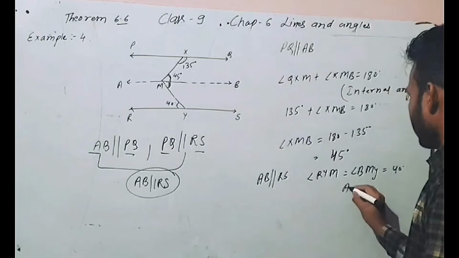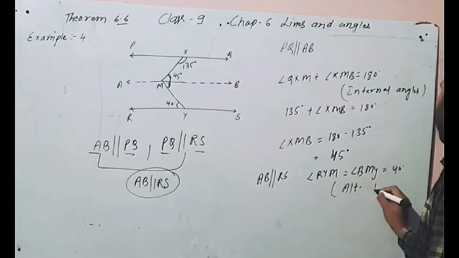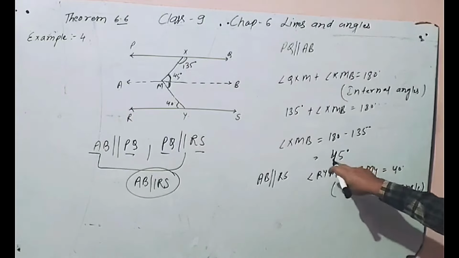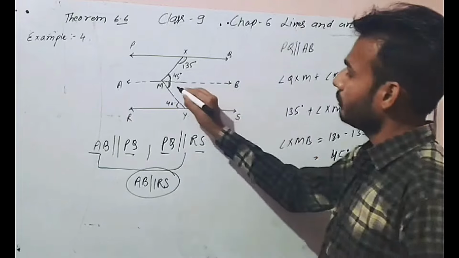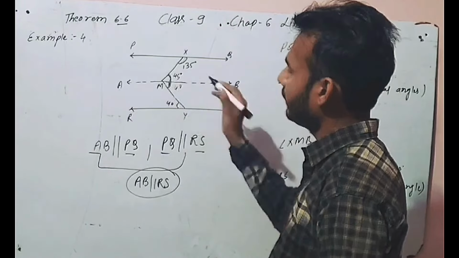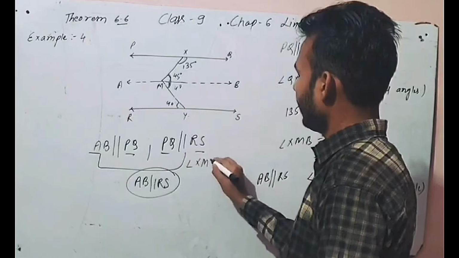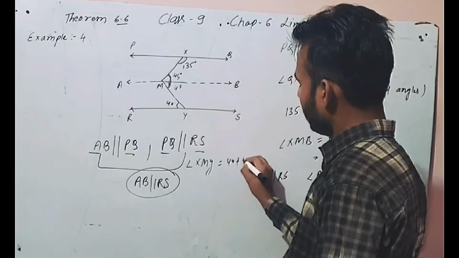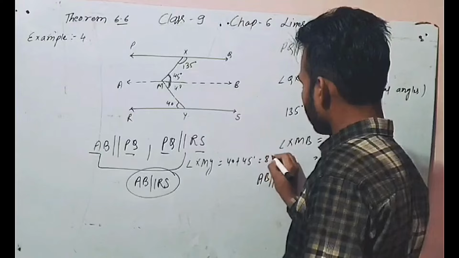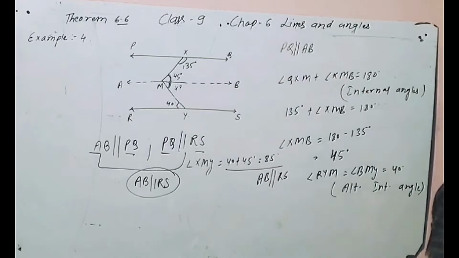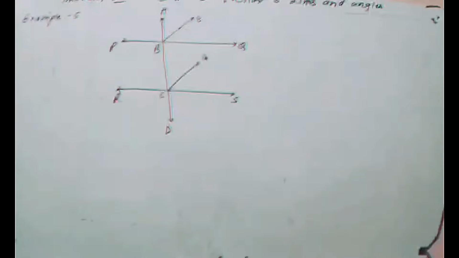Now this is 40 and this is 45. Add these both to get the angle x and y. So angle x and y is 40 plus 45, which is 85 degrees. This is example 4.